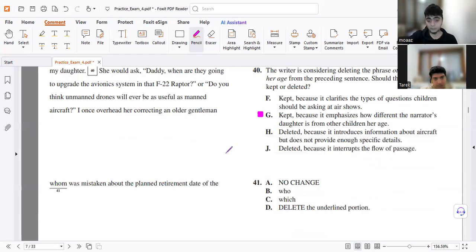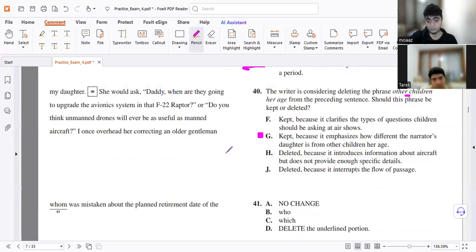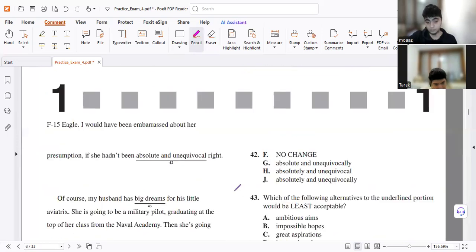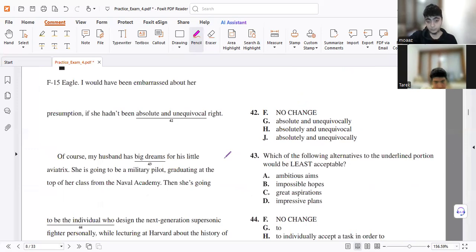No problem. 41. Which one is B? 41, B correct. 42 is J.